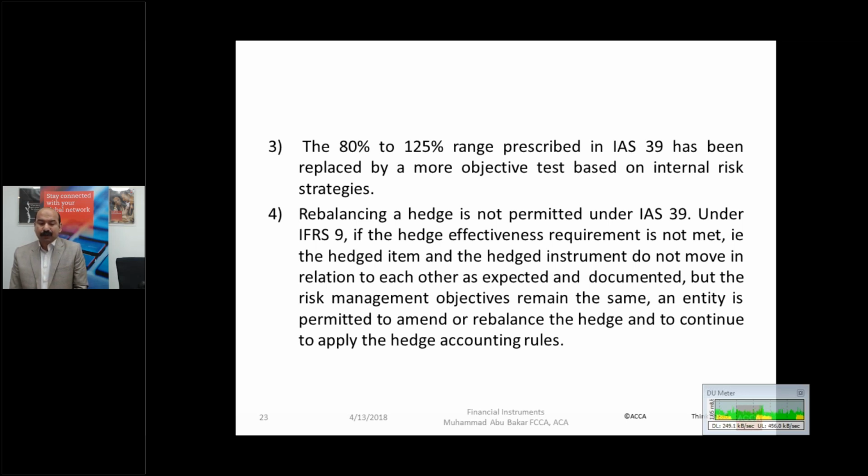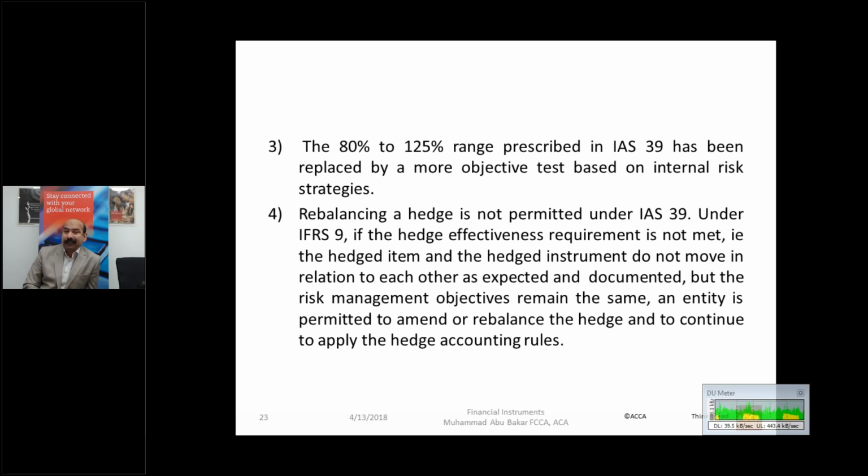The credit risk does not dominate the value changes. The hedge ratio is effective. I mean, you can see that losses are being substantially offset, but there is no 80 to 125% range. Then you can rebalance your hedging arrangement.